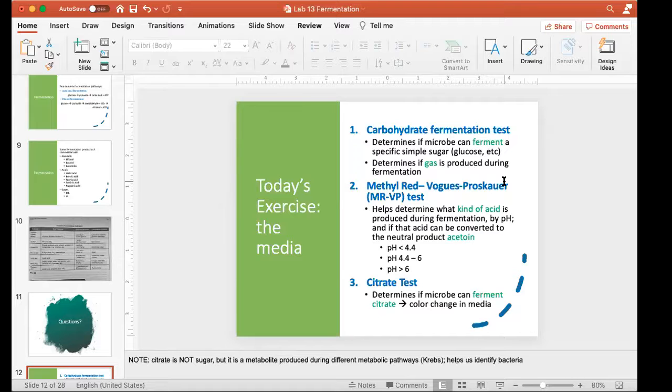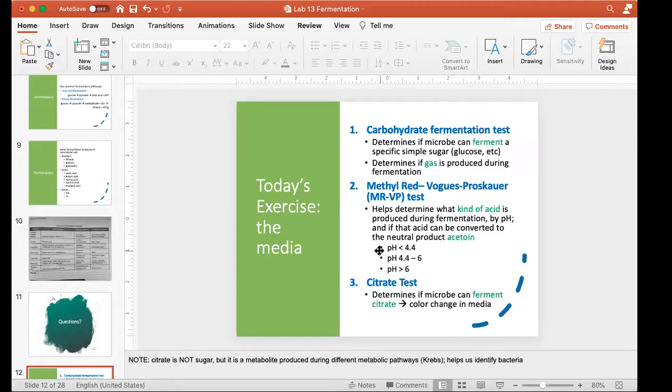Now, what this test is going to do for us is evaluate the acid that's being produced during fermentation. So it's going to help us determine what kind of acid is being produced. And it does that by pH.